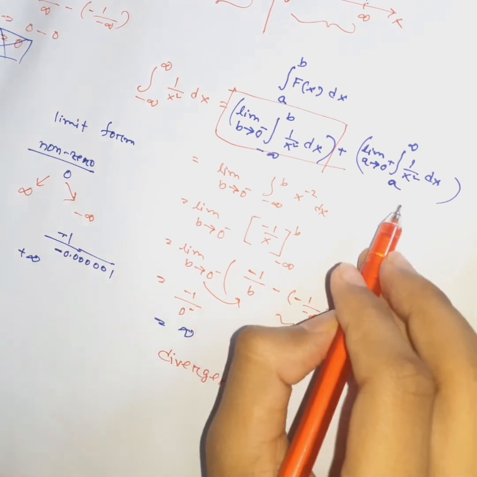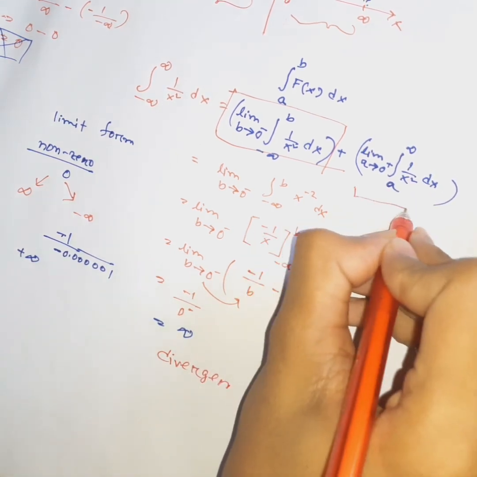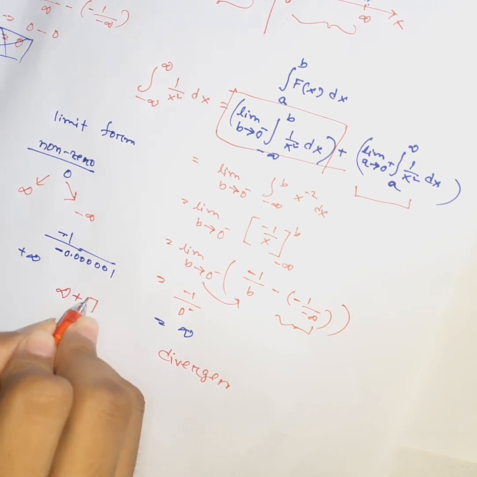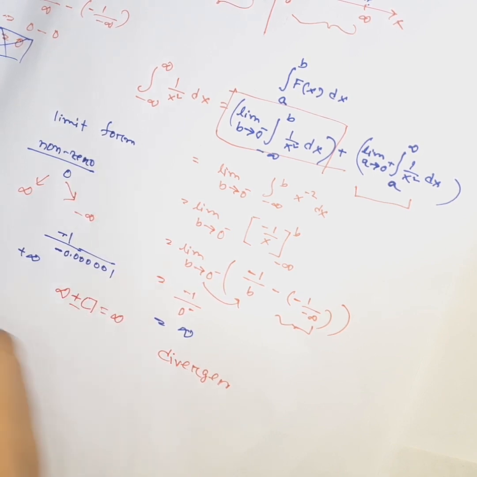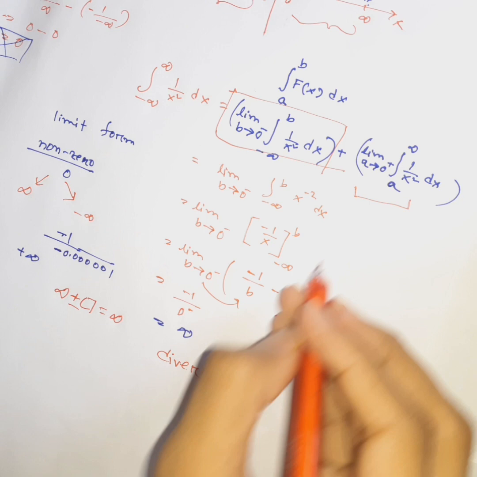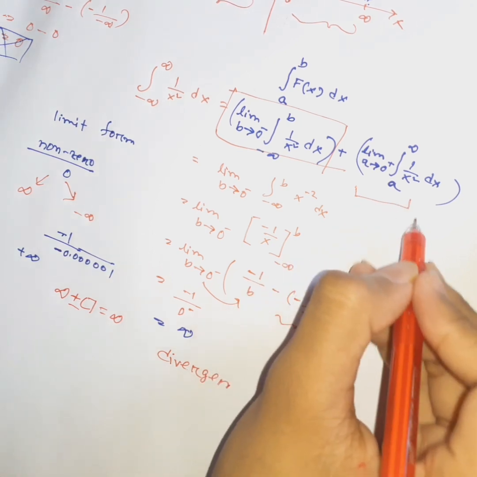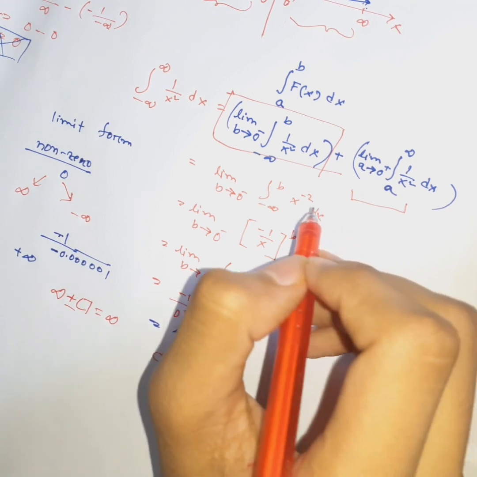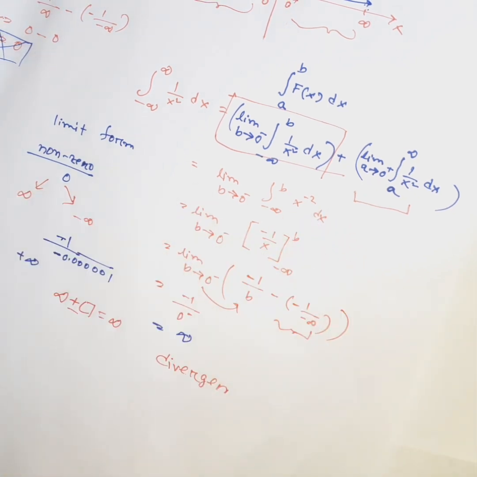Now you don't need to work with this part anymore, because you know that infinity plus anything is still infinity, infinity minus anything is still infinity. So you can work with this part and you may get a result, but still it's infinity, so you don't need to work with this anymore.